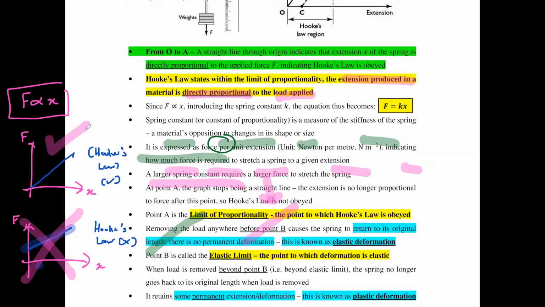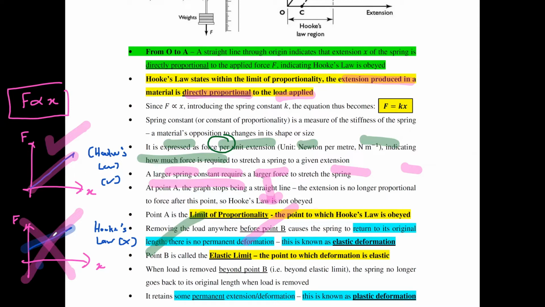So this one is not telling us that the material obeys Hooke's law. But this one is, because you see it's a straight line graph that passes through the origin. Later in a few of the questions, they will just give you a graph and ask you whether this material obeys Hooke's law. So the key thing here is that an object that obeys Hooke's law must have a straight line, but at the same time, it must pass through the origin.